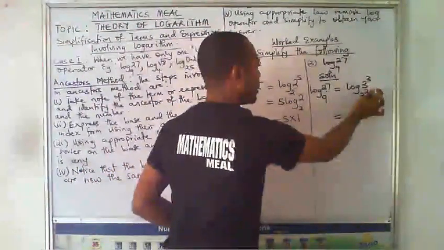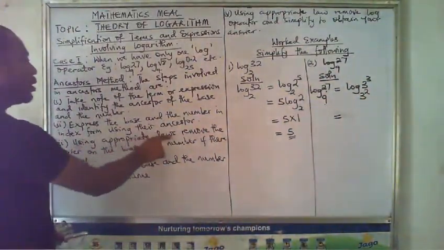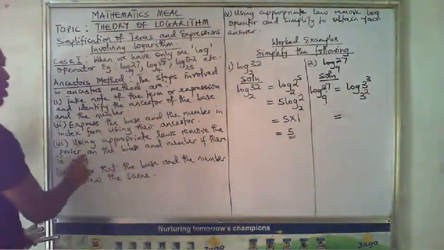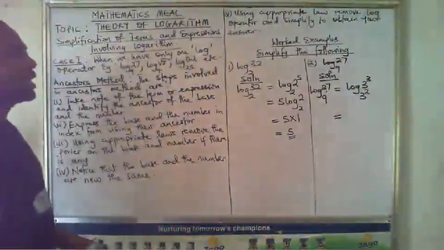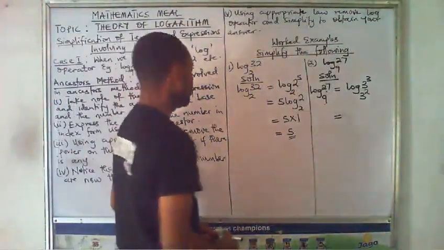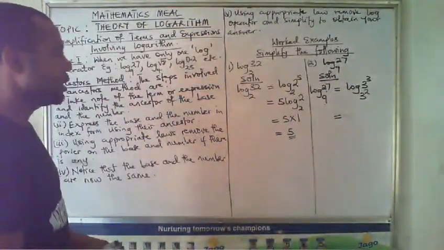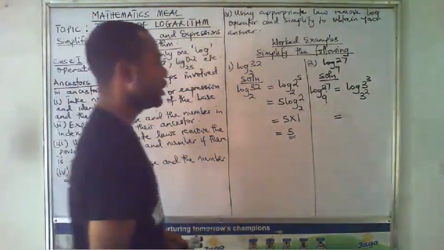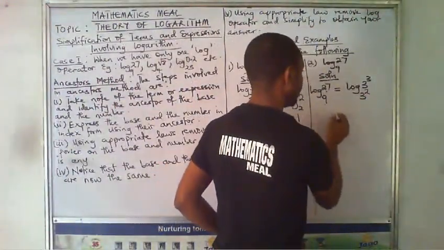There is a power here and there is a power here. We are done with this. They say using appropriate laws, remove the power on the base and number if there is any. Remove the powers on the base and also on the number if there is any. So we look at this. What's the power?